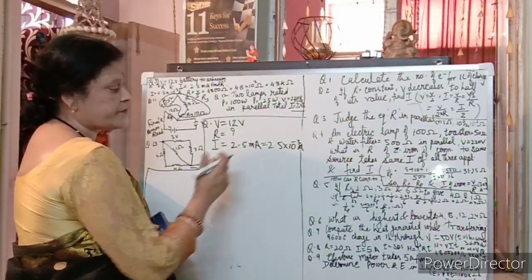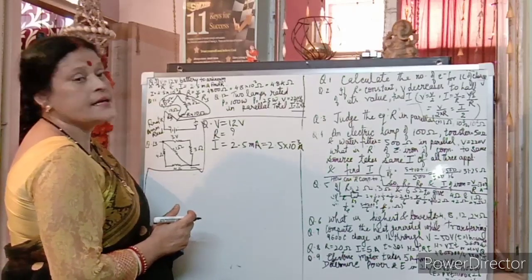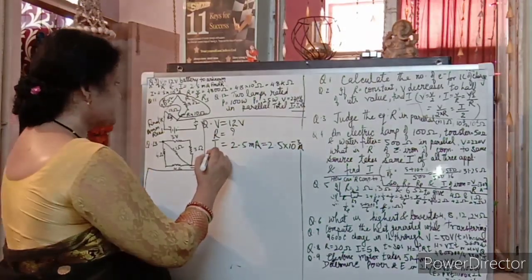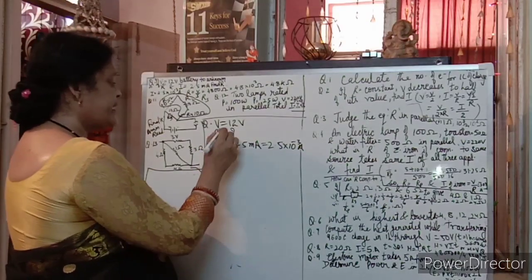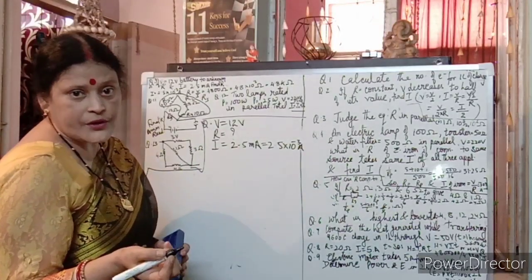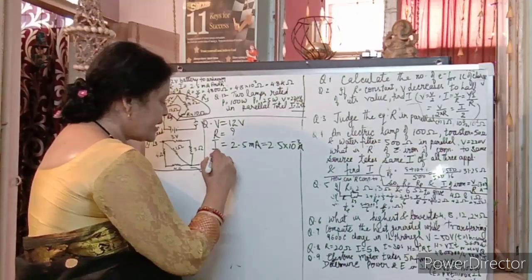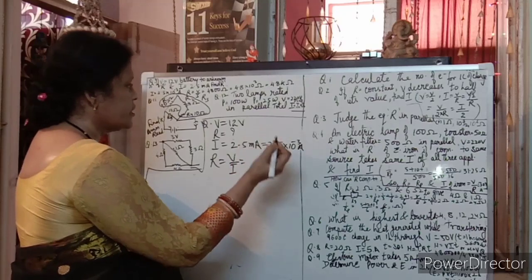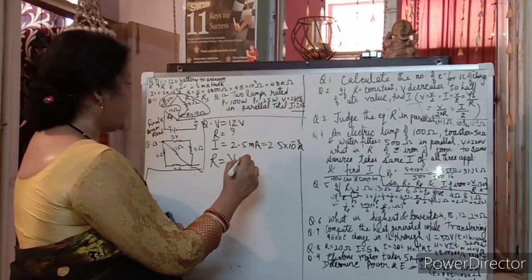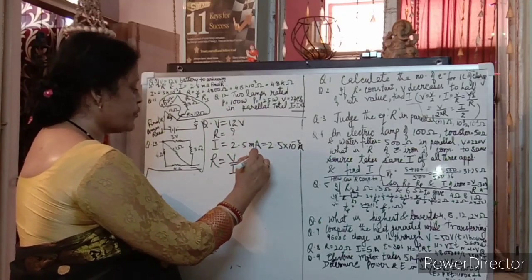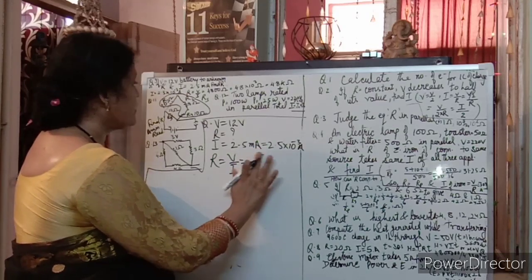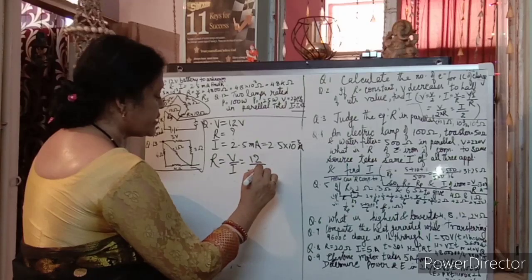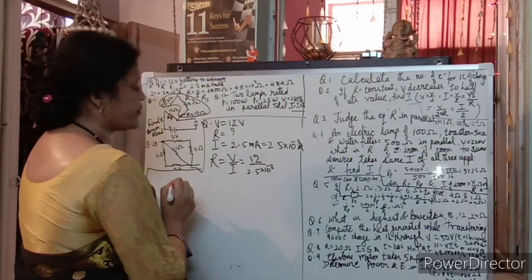Simplify the units. Next, if I say find R, which formula will we use? Ohm's law. We know that R is equal to V upon I. Very easy. V given is 12 volts, so 12 upon 2.5 into 10 to the power minus 3 ampere.